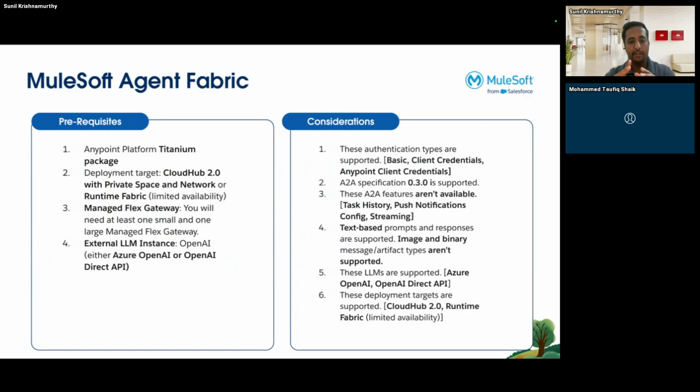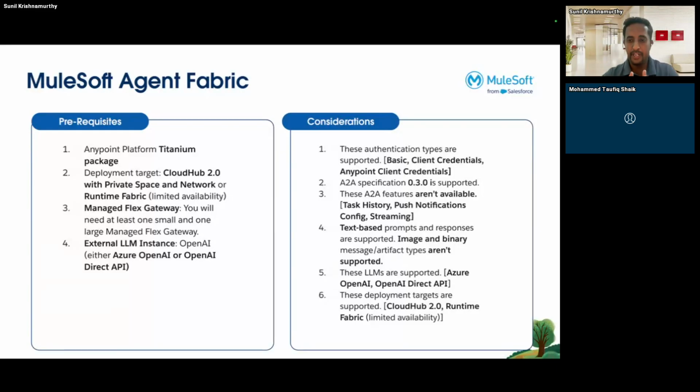Managed Flex Gateway you need to have, and you need to have an LLM. Today Agent Fabric supports only two LLMs: one is Azure OpenAI, or the direct OpenAI APIs. A few considerations: only these authentications are supported, basic client and Anypoint client. OAuth is not yet supported for Agent Fabric. And A2A 0.3.0 is supported. You know, A2A is a protocol invented by Google, right? They are continuously working to improve the protocol.